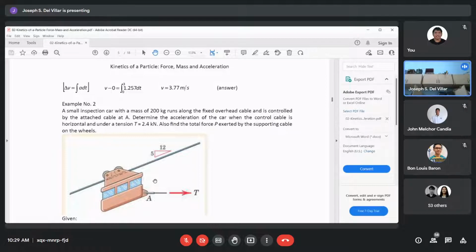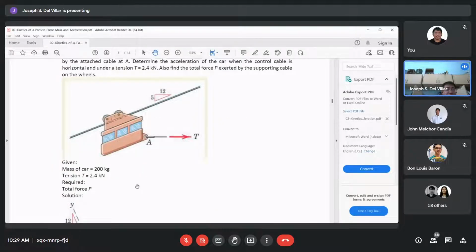So it is an upward reaction, no, to the wheels, no, by the cable. So write all the given. So mass of the car, 200 kilos. The tension T, the red one, red arrow, going to the right. Okay, so that it has a magnitude of 2.4 kilonewtons.